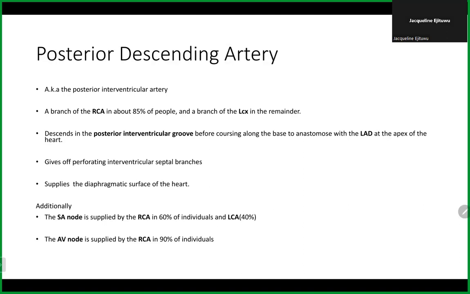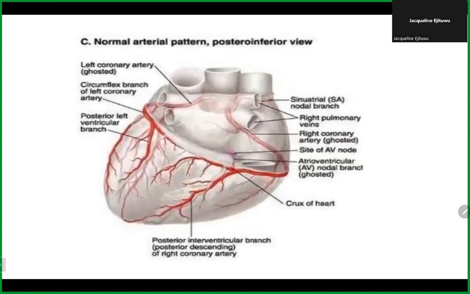Next slide, please. So this is just showing us the posterior descending artery, as it arises as the terminal branch of the right coronary artery after it passes the crux of the heart. Next slide, please.